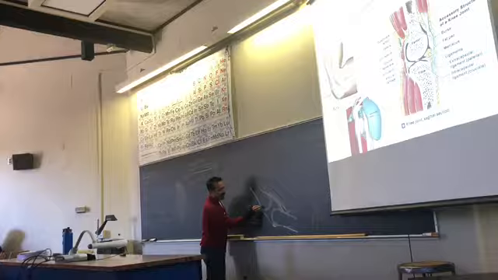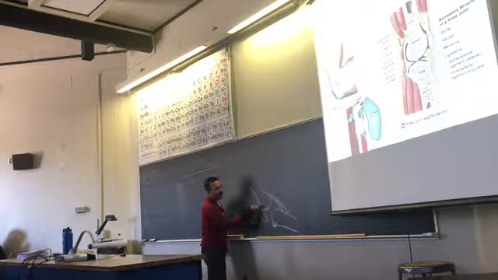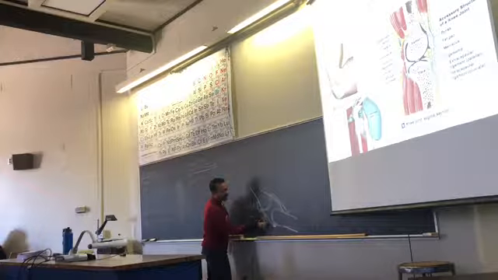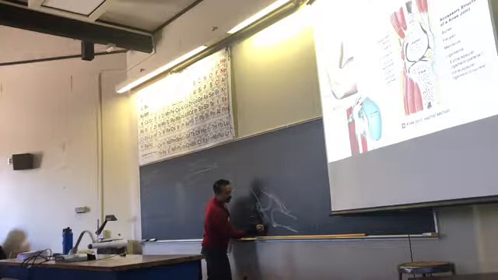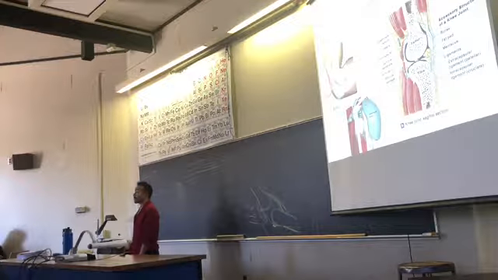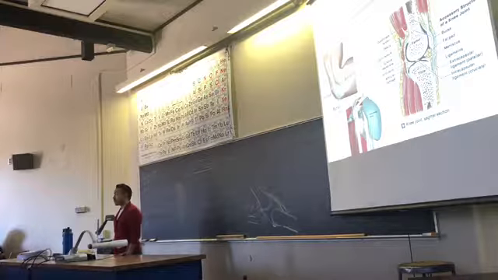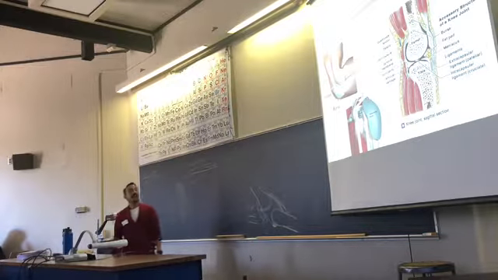So maybe in this area we've got a sac with synovial membrane filled with fluid. A bursa is where you have synovial membrane and fluid outside of the joint capsule.